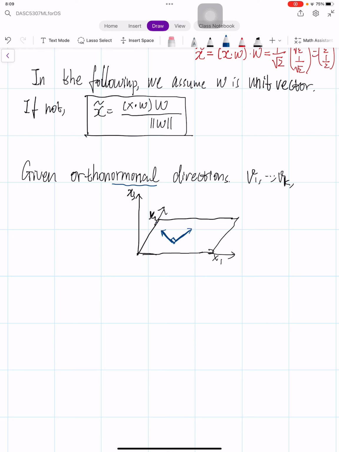We call these v1, v2. V1, V2 live on the x1, x2 plane. Now suppose we have a point x which has 3 coordinates. V1, V2 also span a space, right? So what would be the projection?